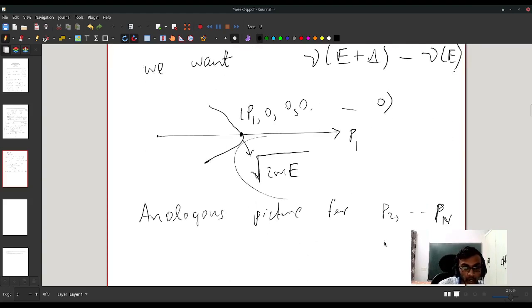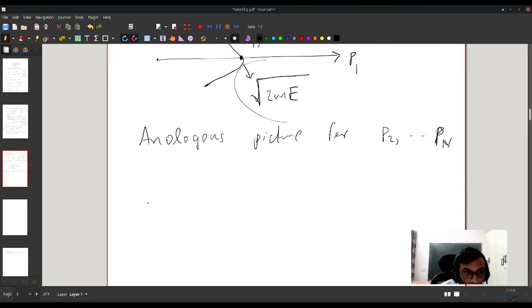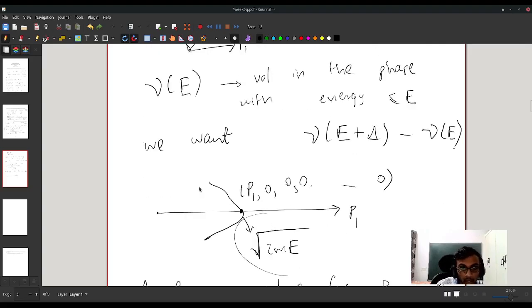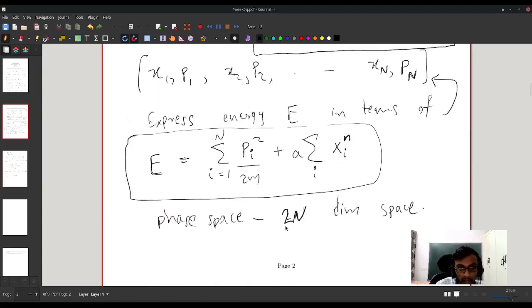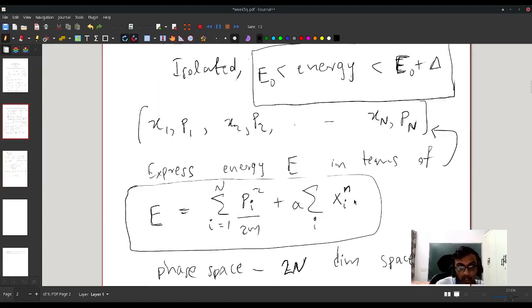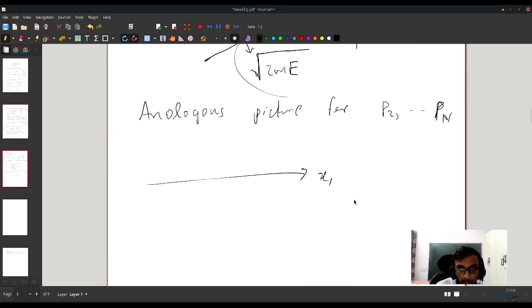And then we can similarly ask, where does the surface cut the x-axis, or the axis labeled by coordinates x1, x2 and so on. So if you look at x1 and ask where does the surface, which is a boundary of the volume, cut the x1 axis, that would be at (E/a) to the 1 by n.